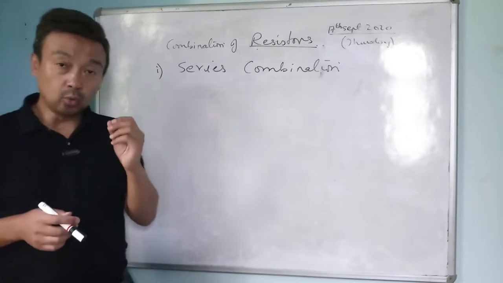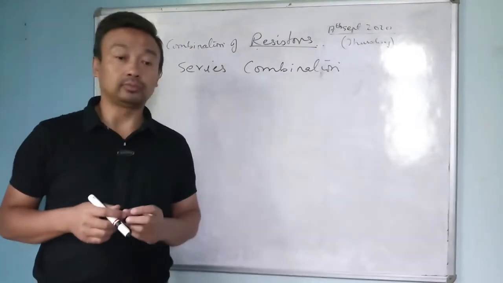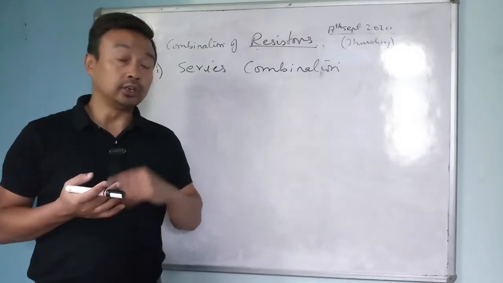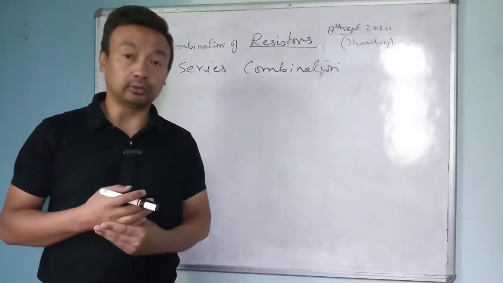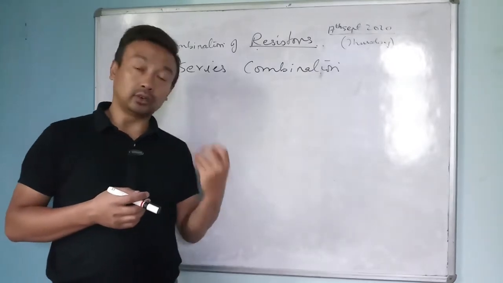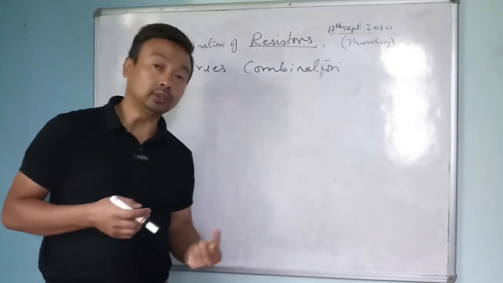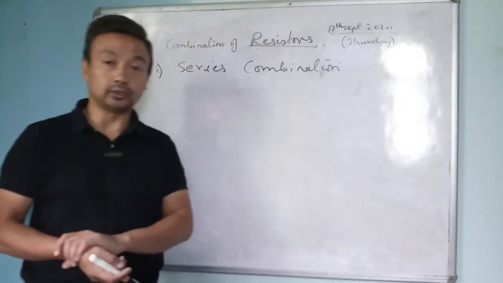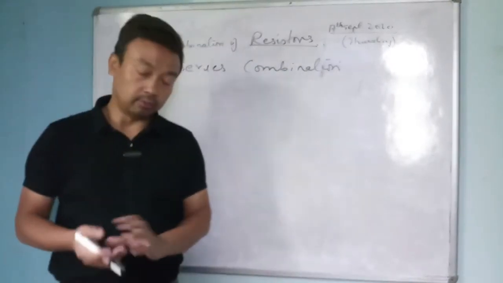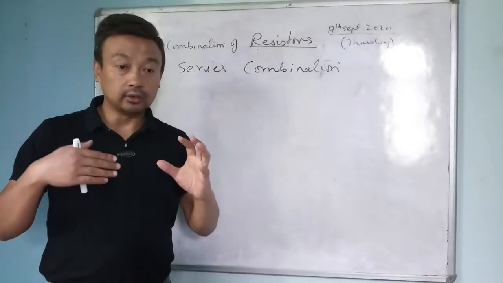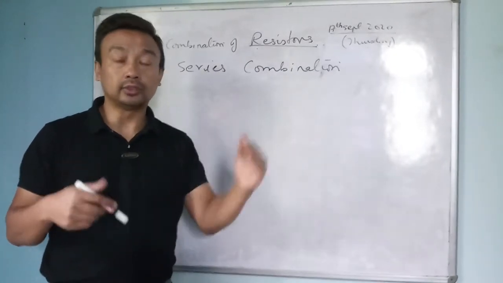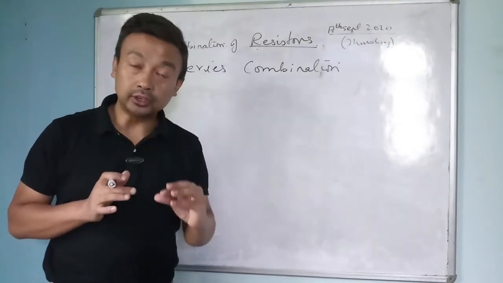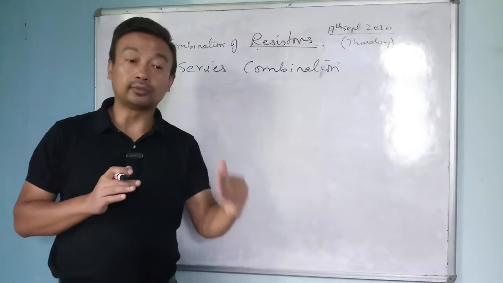One end of one resistor is connected to the other end of the next resistor, and the other end of the first resistor is connected to the terminal of a battery or a source of current. So the resistors are joined one after the other.